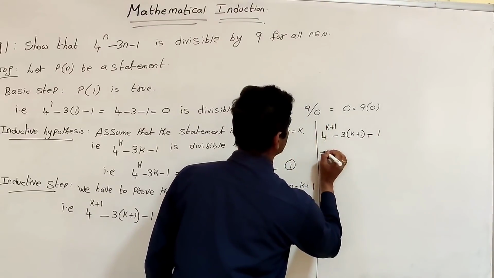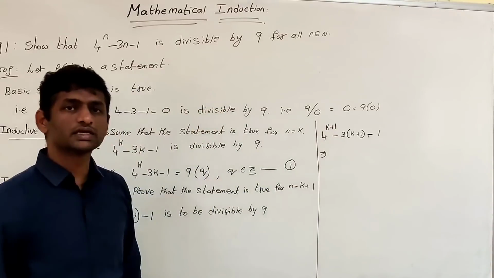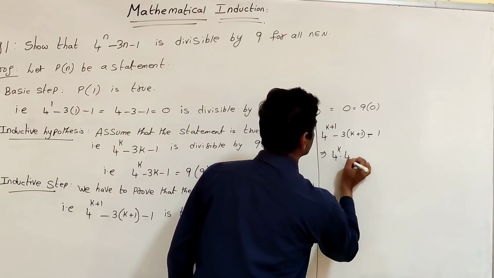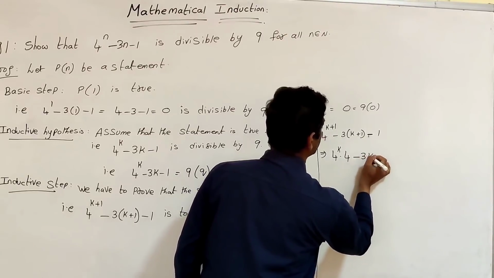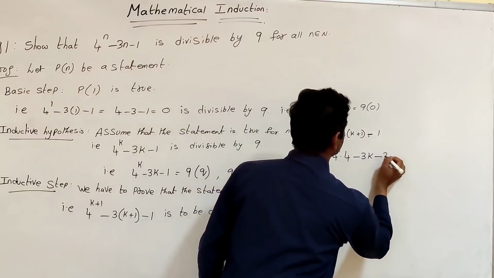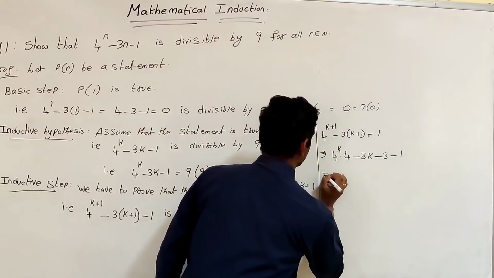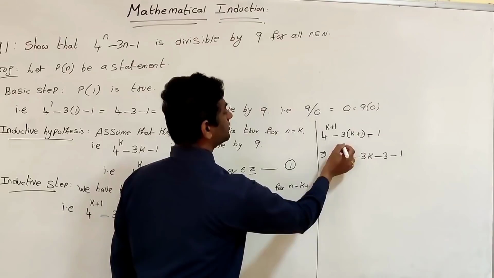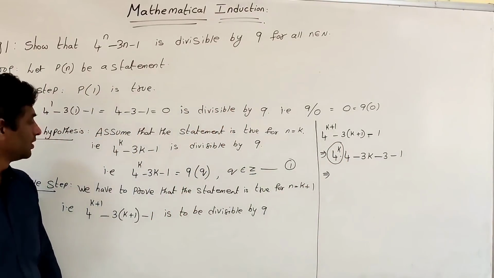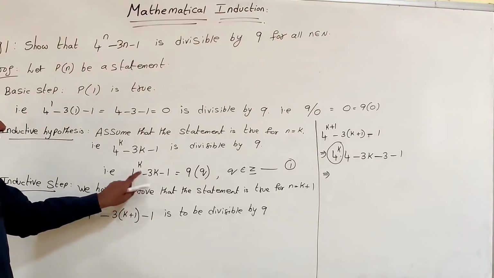Now 4 to the power of k plus 1 can be written as 4 to the power of k into 4, minus 3k, 3 into k, 3k, minus 3 into 1 is minus 3, minus 1. But what is the term 4 to the power of k from the equation 1? If you remember this, from equation 1, what can we write?